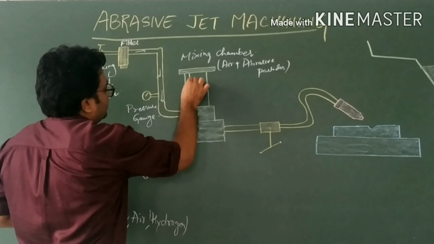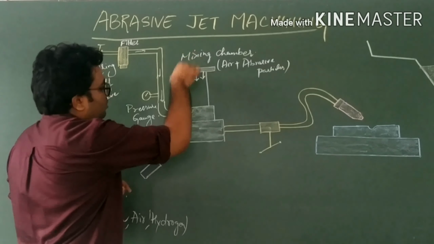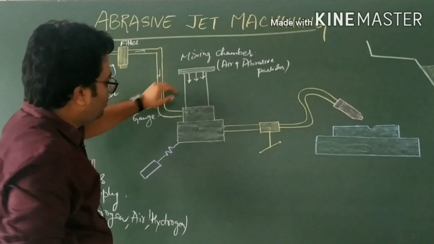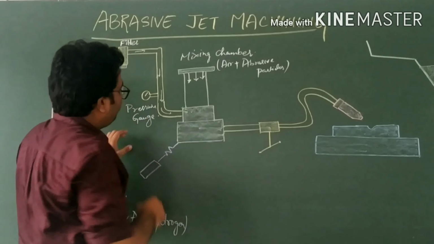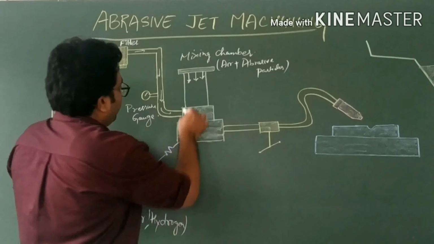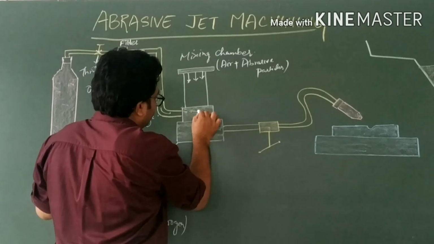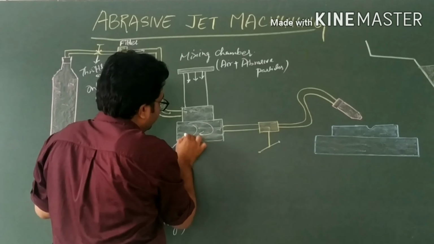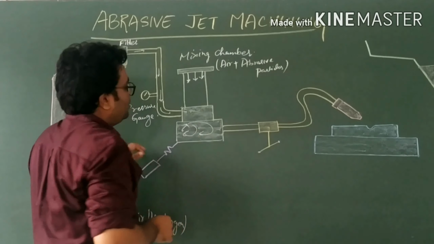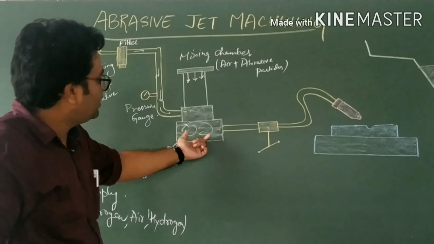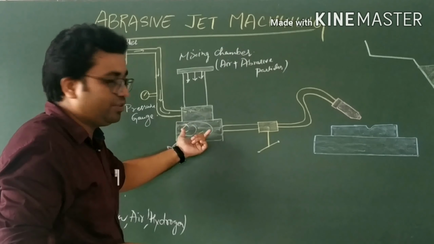The abrasive particles are dropped from the top. This is the inlet of the abrasive particles from the top. High pressure air is supplied from this side. As they come in contact, the air and the abrasive particles get mixed here in the mixing chamber.